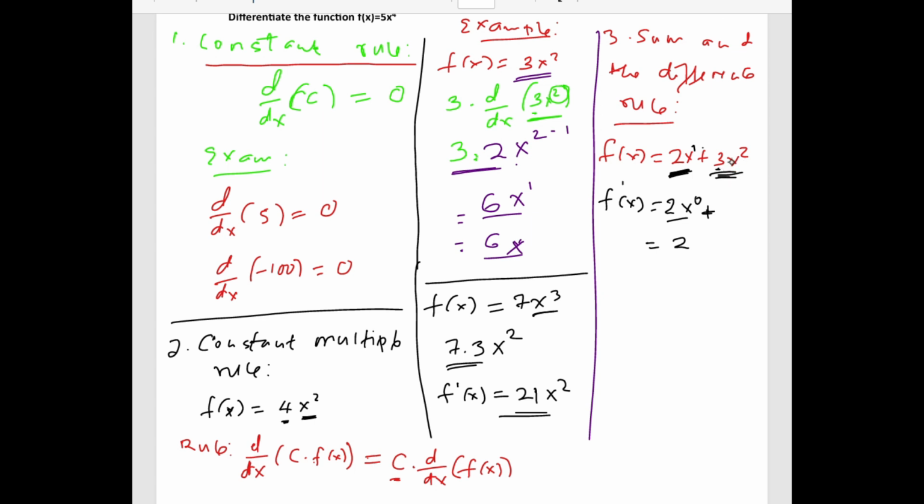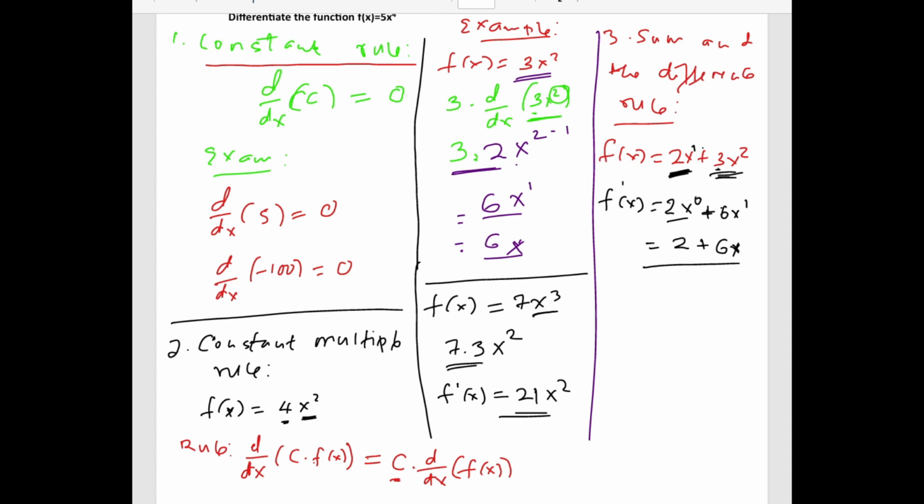So you have 2 times 3, which gives 6. Then on the x you subtract 1, so that you're left with x to power 1. The final answer is 2 plus 6x, which is the derivative of this function.